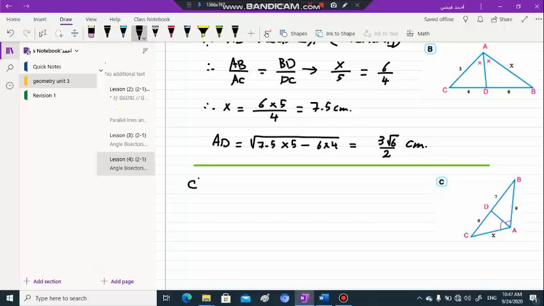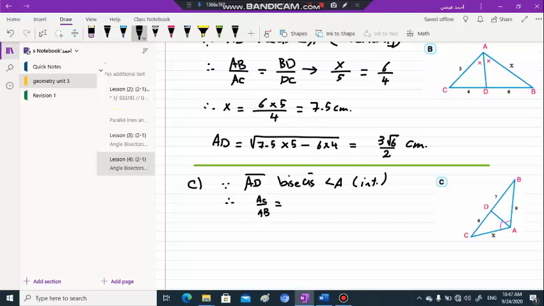Another example. Angle BAD and angle CAD are equal, so DA bisects angle A internally. We want to find first the value of x, so I will take side over side, AC over AB.